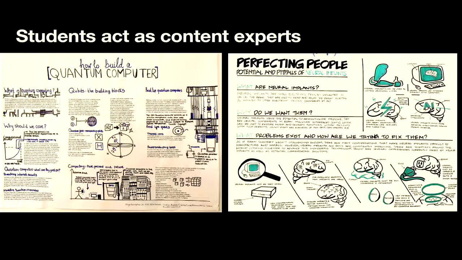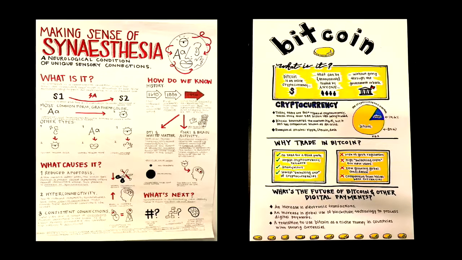That means they just have to focus on learning information design, and they already know the content they are working with. This varies from quantum computing and the effects of caffeine to Bitcoin, more economics-related topics from those majoring in economics, synaesthesia, chemistry, different topics.